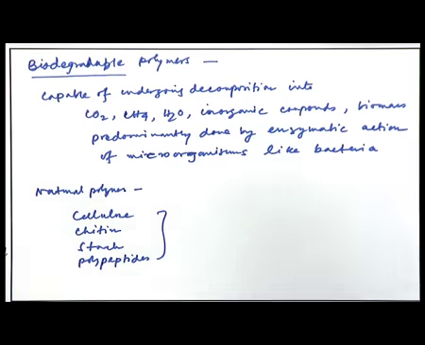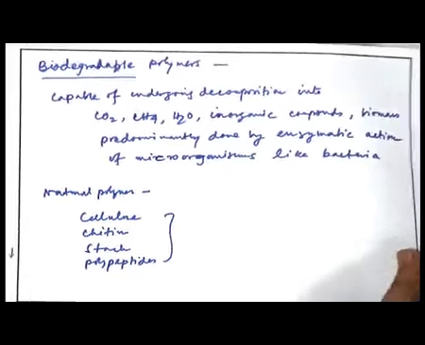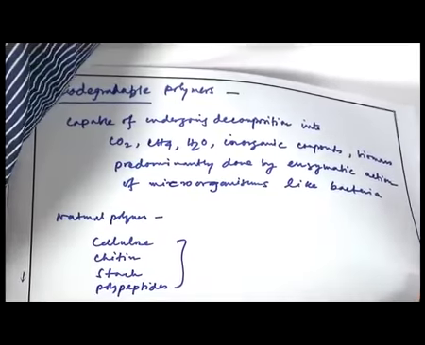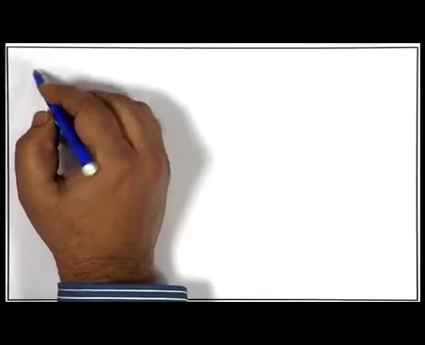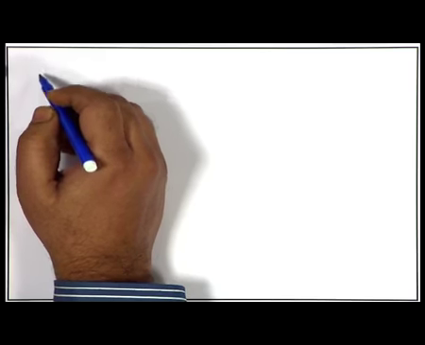So it is not a problem if you make polymers from these natural polymers, they will be biodegradable on their own. The problem comes when we deal with synthetic polymers.